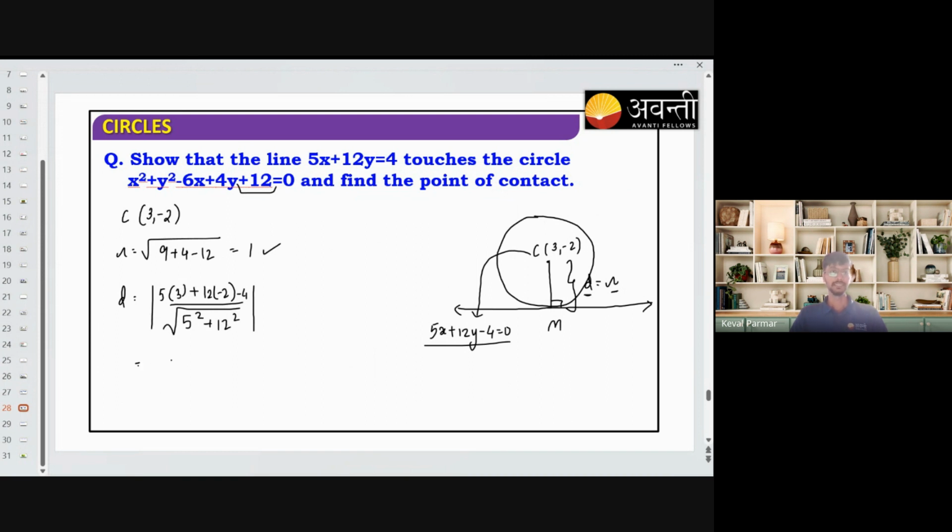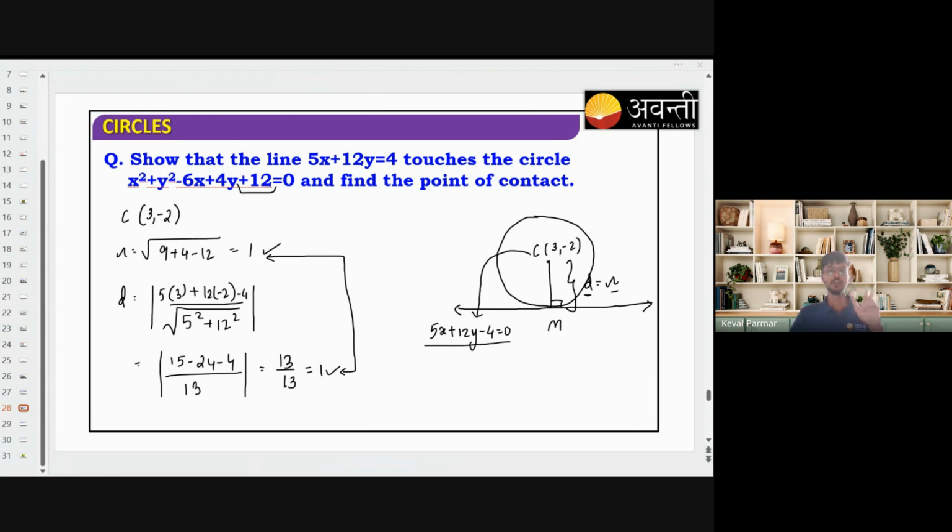So 15 minus 24 minus 4 upon, I think below we'll get 13, right? Pythagorean triplets. So this is 13 upon 13, which is 1. As you can see, the distance d and the radius are equal.